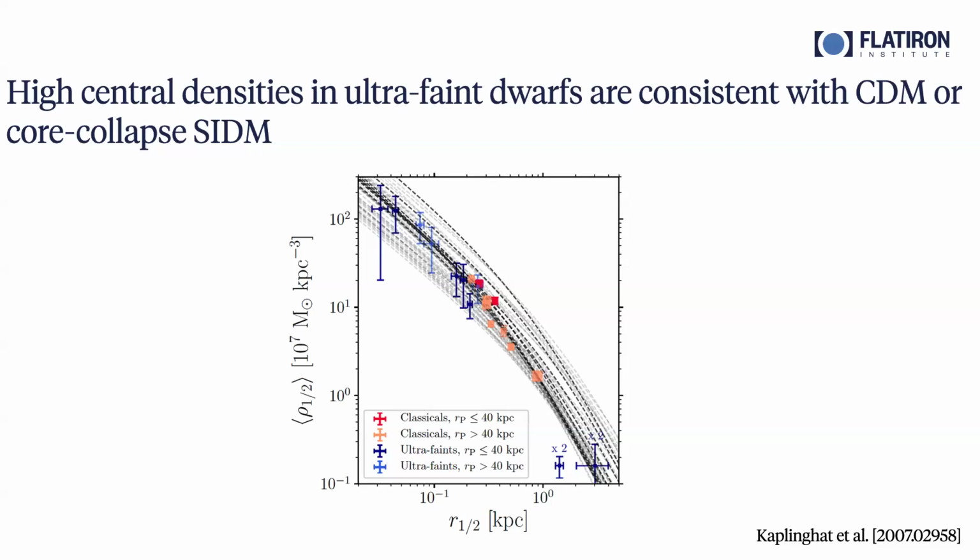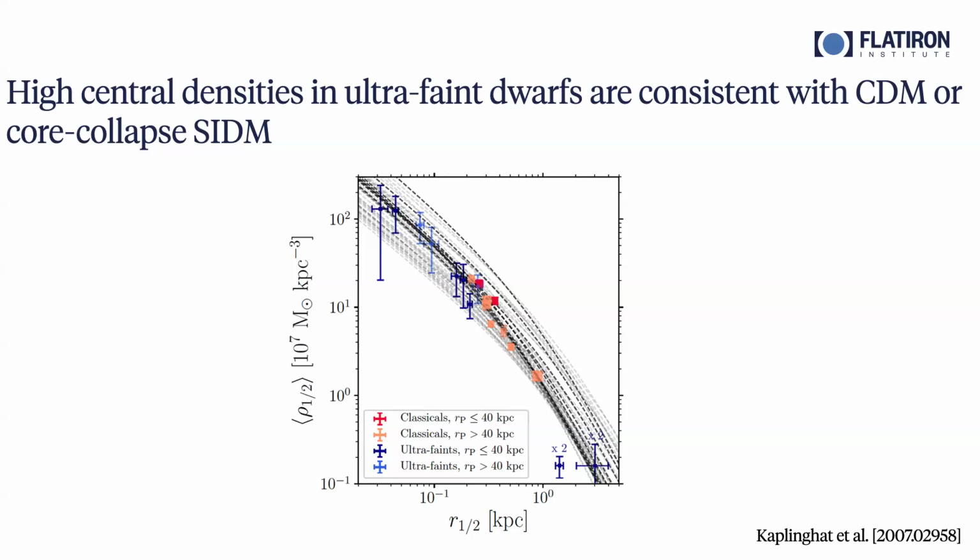these lines are the cold dark matter prediction. So these ultra-faint dwarfs are very dense, such that either you have to have cold dark matter in these ultra-faint dwarfs, where galaxy formation doesn't matter, you're not going to be able to produce cores because you don't have enough energy from the baryons to actually produce cores here.